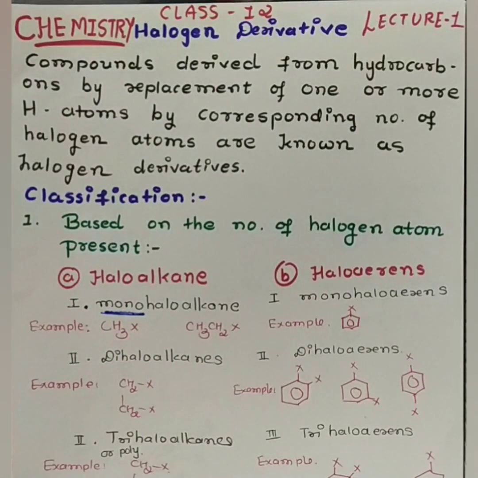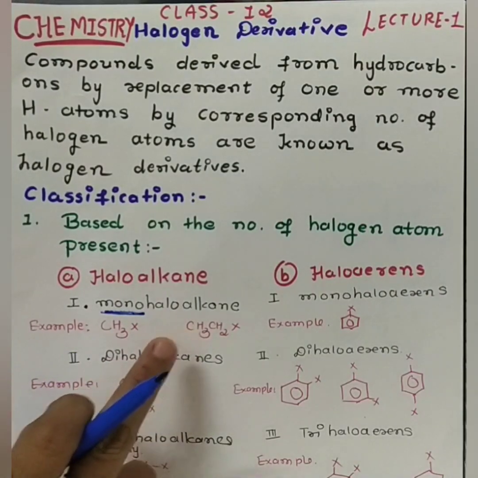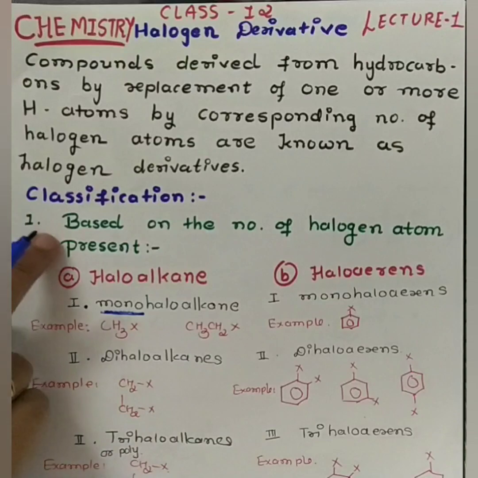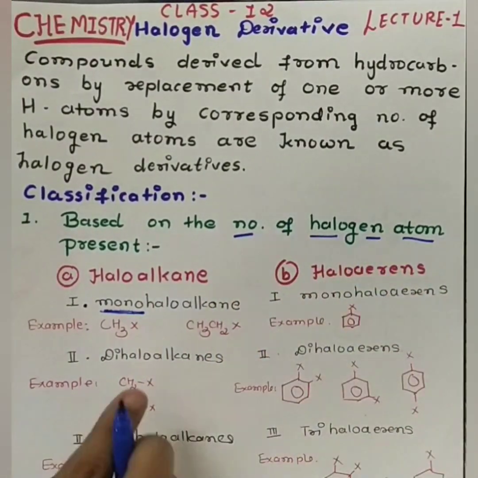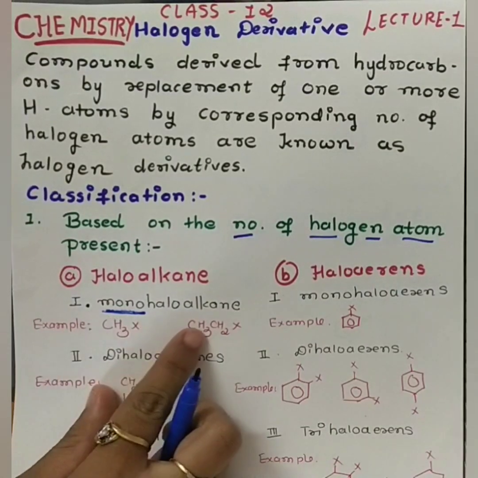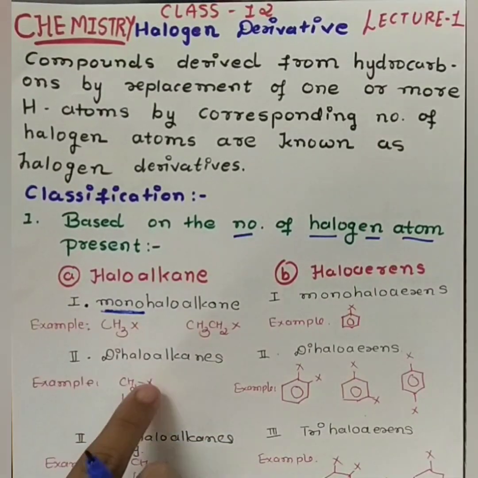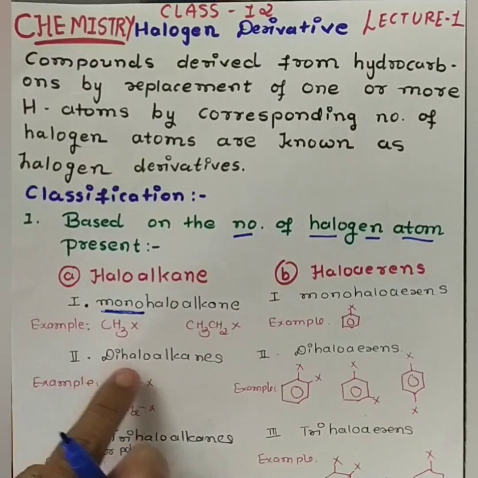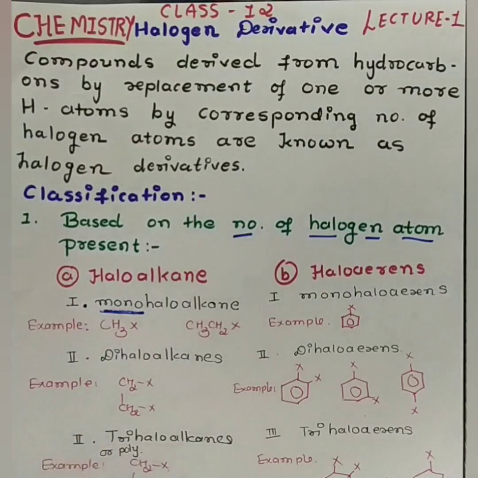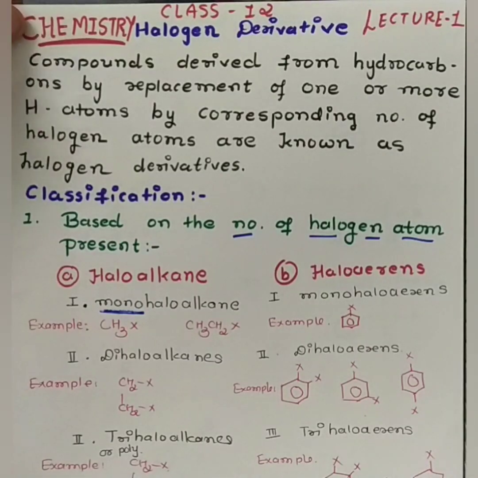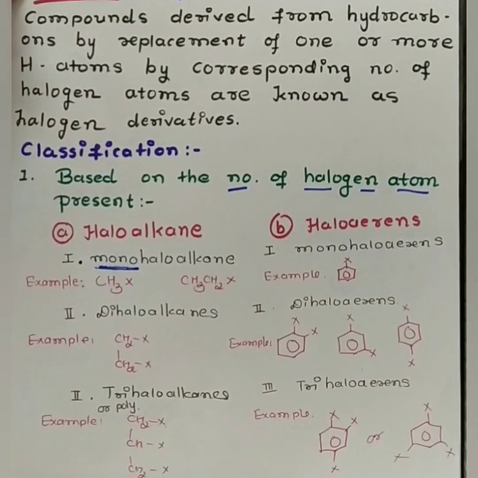If one halogen atom is present, whether the number of carbons is 1, 2, 3 or 4, this classification is based on the number of halogen atoms. If the halogen atom is 1, it is a monohaloalkane because mono means 1. If 2, it is a dihaloalkane. If 3, it is a trihaloalkane. Generally more than 2 halogens are included in polyhalogens.